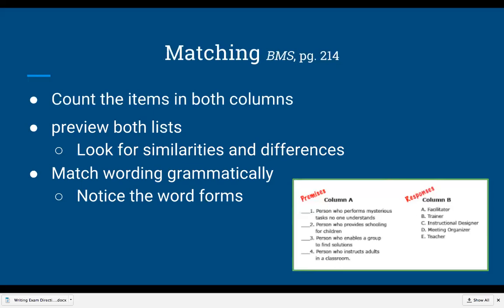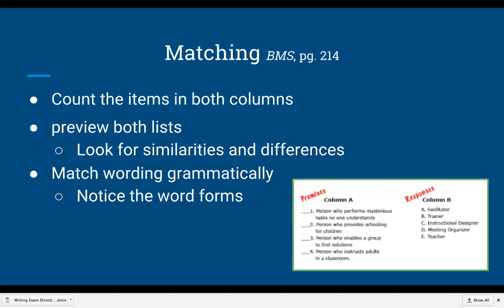You might have a verb, an action. Okay? If the blank in that question is calling for a verb or an action word, you go over to column B and you look for only the action words, the verbs.